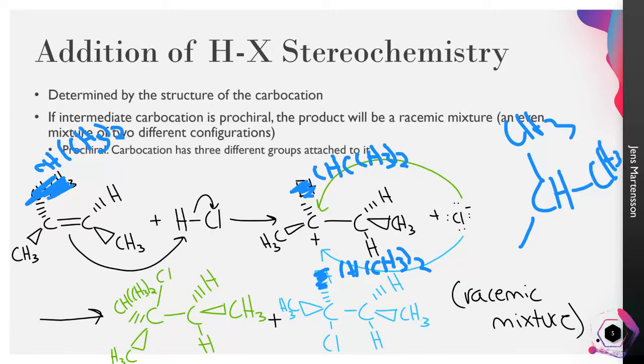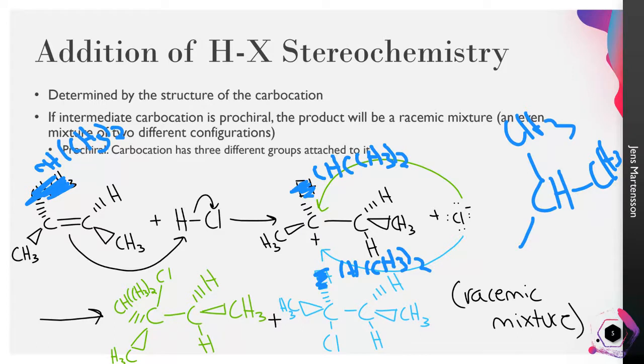Sorry about that. So stereochemistry is also determined by the structure of the carbocation. If the intermediate carbocation is prochiral, the product of addition of HX will be a racemic mixture. A racemic mixture is an even mix of two different configurations, so you'll have 50% S configuration and 50% R. Prochiral is telling you that when you make the carbocation, it has 3 different groups on it, and you can make a chiral compound out of that.